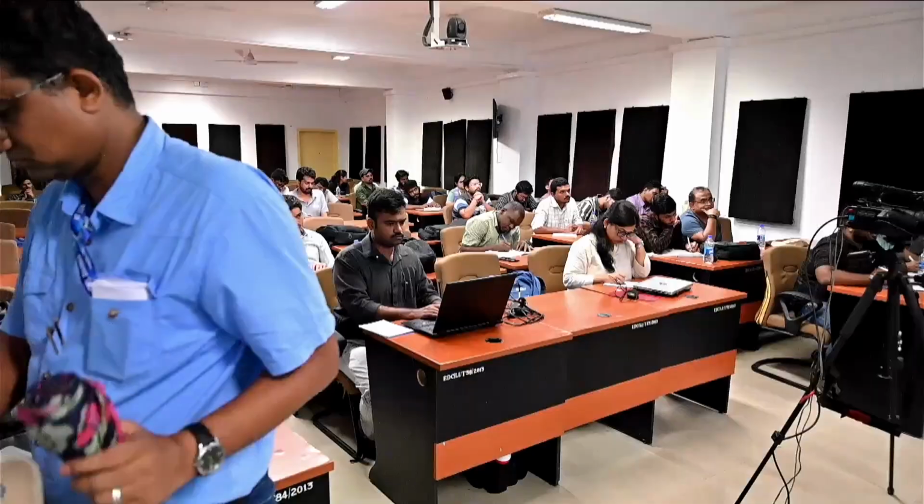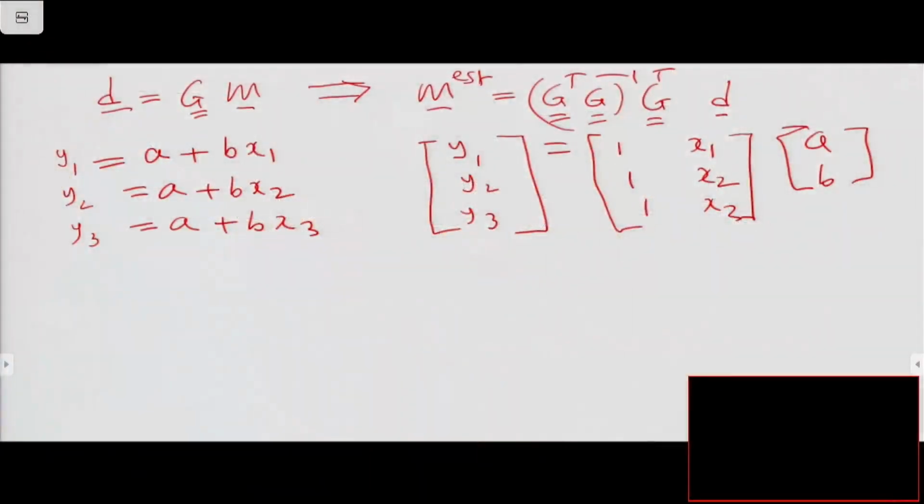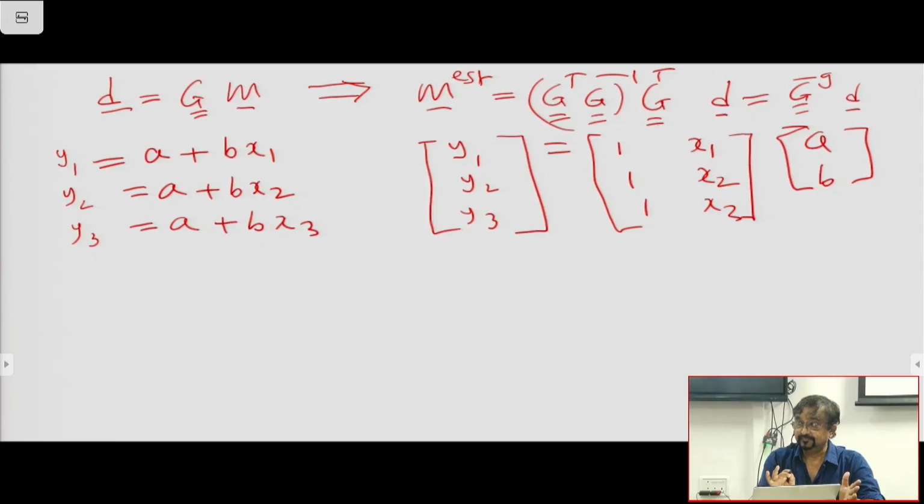Okay? So then you transpose this, multiply with G, take its inverse, multiply with GT, and then apply it on D. And this is your generalized inverse, right? Is this clear?